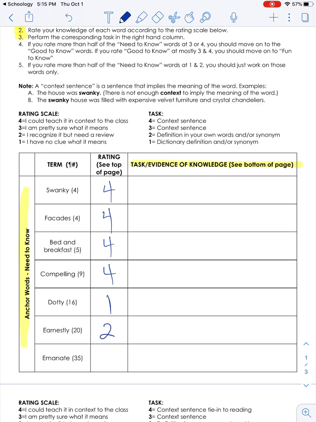I think I know what earnestly means. And I feel pretty confident about the word emanate. Well, if that's the case, I can count and go 1, 2, 3, 4, 5 of my words are 3s or 4s. So what that means is I'm still going to, by the way, do the tasks here in this column.